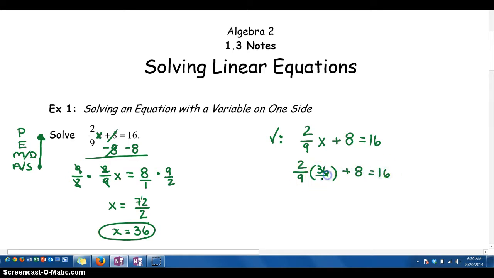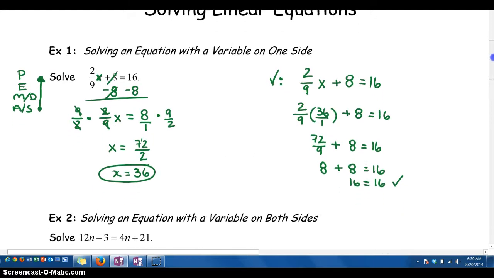I am going to make this a fraction, so 2 times 36 is 72 over 9 plus 8 equals 16. Well, 72 over 9 is 8, and when you add it to 8, it does equal 16. Therefore, 8 plus 8 is 16, and yes, that equals 16. That's how you check. When the numbers are the same, or when the statement is true, you have done it correctly.